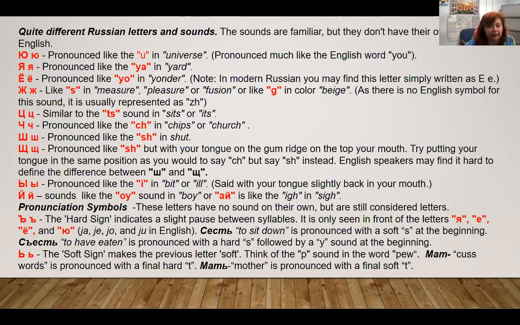Now we have the short E. In Russian, it's called short E. It sounds like the oi in the word boy, the last sound of the word boy, or the I in the word sigh.